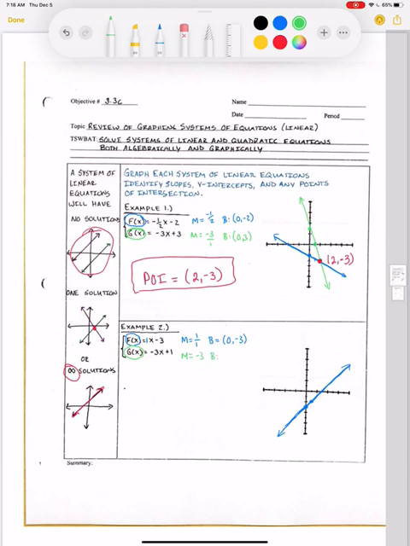My y-intercept is 0, 1. So I'm going to start at 0, 1, and I'm going to go down 1, 2, 3, and to the right 1. And as you can see, I do have one point of intersection, which would be here at the point 1, negative 2. And that's going to be my point of intersection.